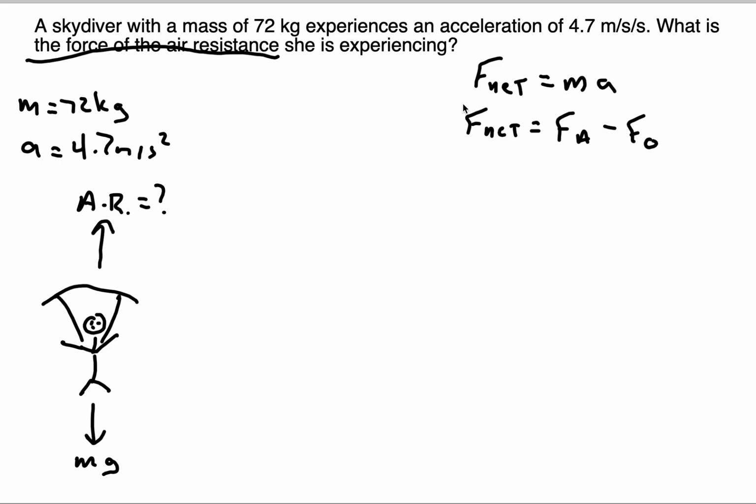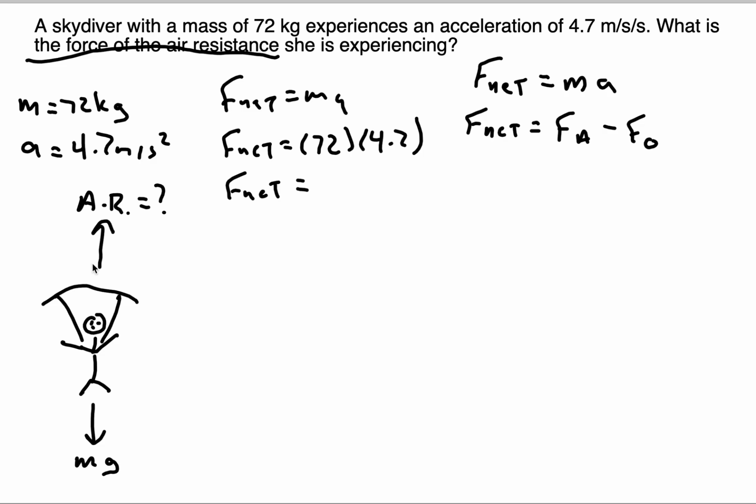Okay, so for this problem, I'm going to have to use the F net equation first. So I have F net equals mass times acceleration. And the mass is 72. The acceleration is 4.7. So the one force that could replace these two forces is going to be 72 times 4.7.